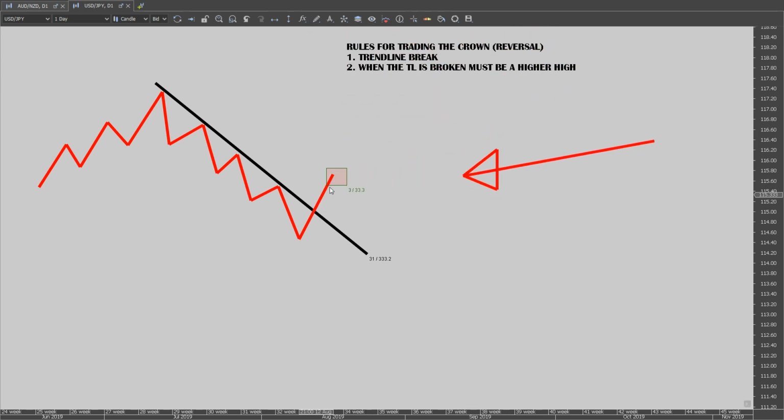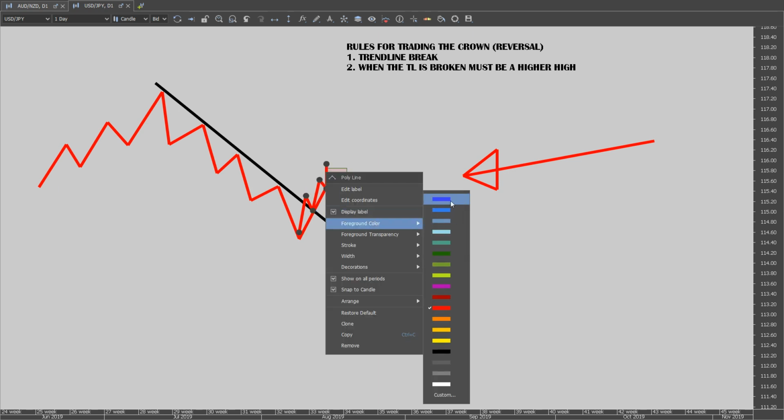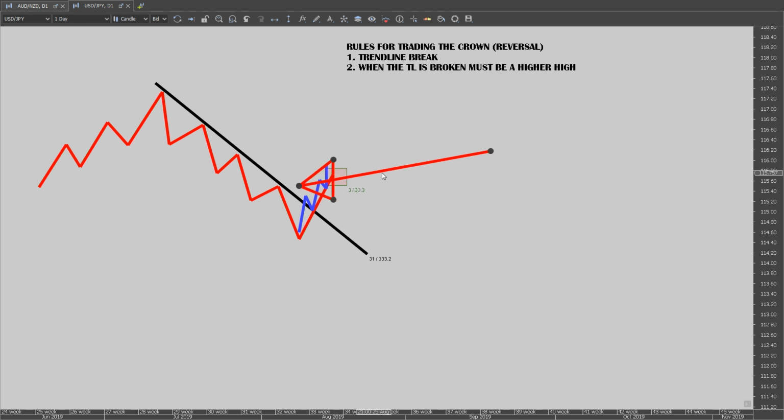And remember, on every time frame, sometimes the market is going to break the trend line and make a higher high in a straight line, but sometimes the market is going to wave, and you are going to need 2 or 3 swings for the market to show you that it has broken the previous high, right?